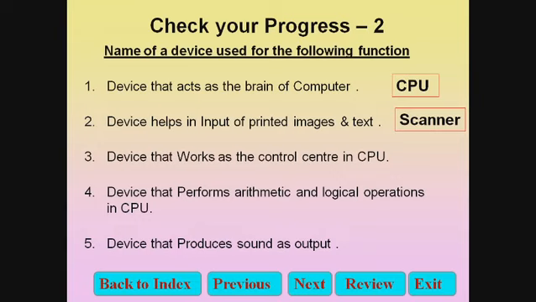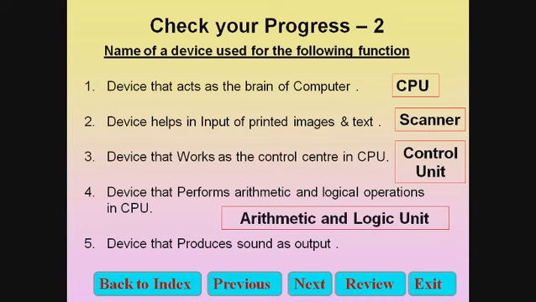You know, two parts are there inside the CPU, and the control unit works as the control center. Device that performs arithmetic and logical operations in CPU. So it's very simple, it is ALU or arithmetic and logic unit. Now the device that produces sound as output, it's speaker.